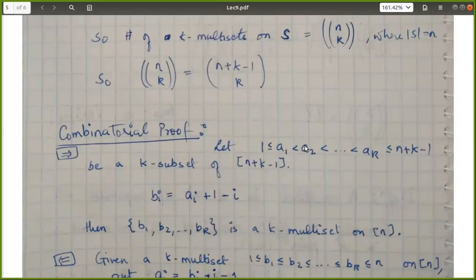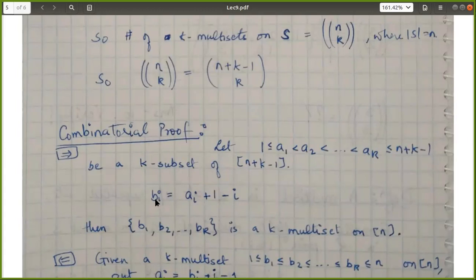So if you have chosen A1, A2, ..., AK in strictly increasing order to be some k elements between 1 and n plus k minus 1, then this A1, A2, ..., AK gives a k subset of n plus k minus 1. Yes. Now put bi to be ai plus 1 minus i.